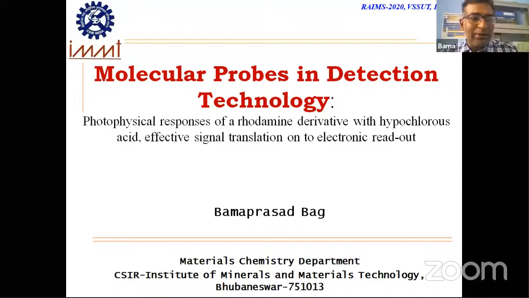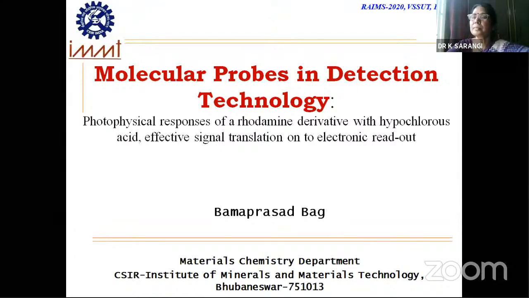Yes, first, it all depends on the probe design. We have shown that in this kind of rhodamine-based system, when an electron withdrawing group is attached as the distal amino group, that is selective towards iron. But when an electron donating group is attached, and based on various parameters, those kinds of molecules are selective towards mercury. So no matter how much iron is present in the system, it will selectively bind to mercury.